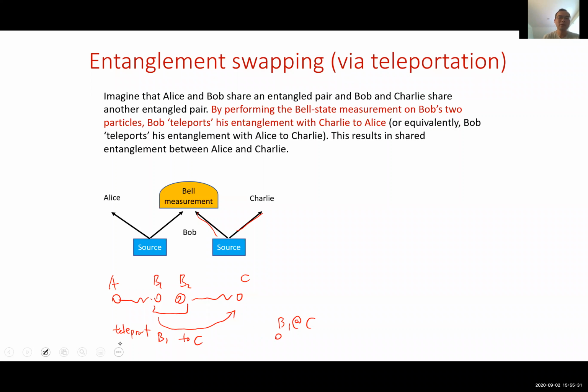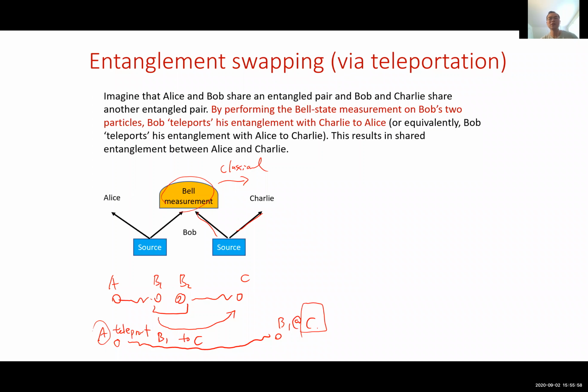But B1 was previously entangled with A. So that means at the end of this Bell measurement and also the classical information, I actually establish entanglement between A and C. Okay. Does that make sense?